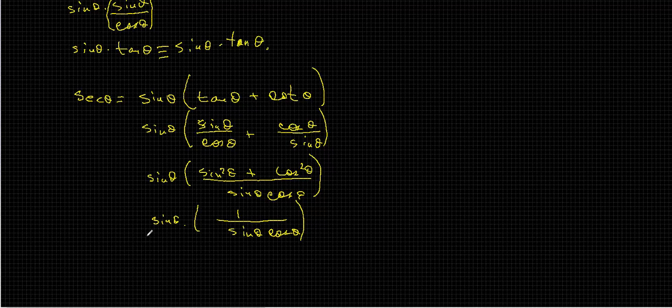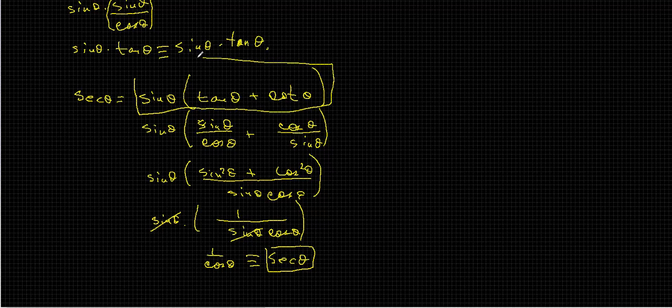And you can see that the sine theta will divide the sine of theta over here, and we are left with 1 over cosine theta. But we all know that 1 over the cosine theta is really identical to the secant of theta. And we showed that the secant of theta was equal to all of this expression here. So as we said before, always start from the more complicated side, and then things will work out. All you got to do is go slow.